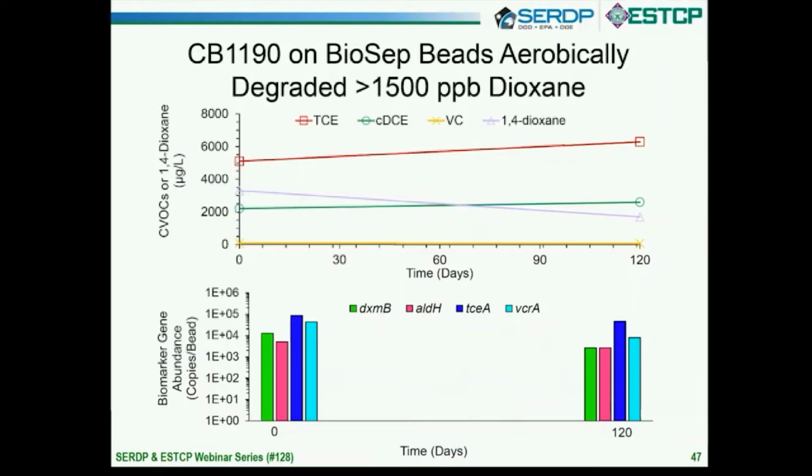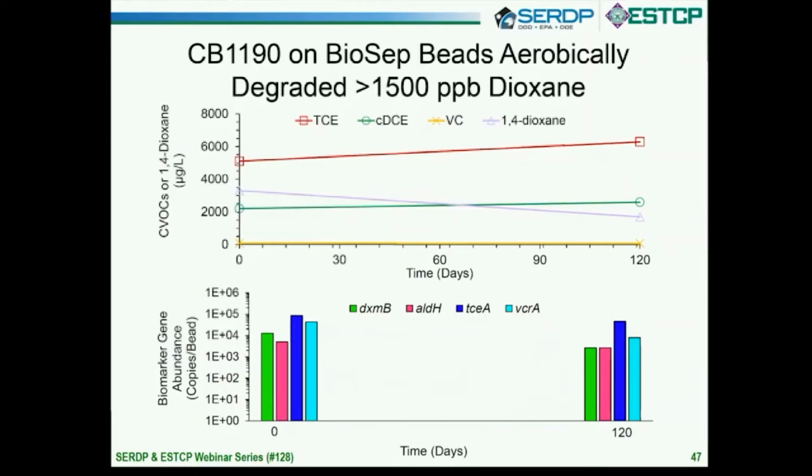And after 4 months of being suspended in just 2 monitoring wells in that entire site that had long-term anaerobic conditions to promote reductive dechlorination, from 3,000 something, dioxane degraded to about 1,300 micrograms per liter. At the same time, there's not much change or slight increase in TCE concentrations.